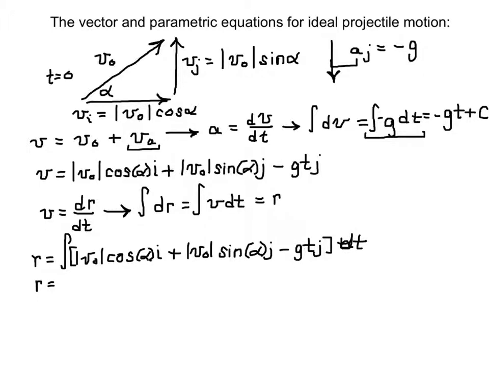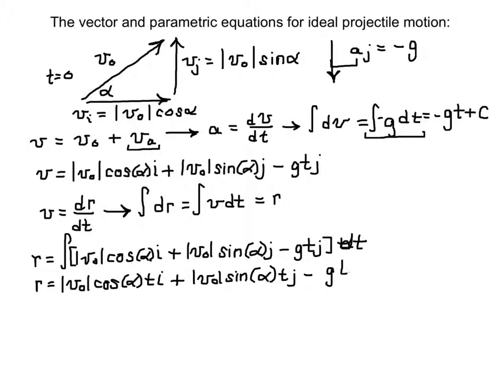And so what we want to do here is we would say that the equation for our distance is the absolute value of the velocity times the cosine of our angle alpha times t, that's coming out of the integration in the I direction, plus the absolute value of the initial velocity times the sine of alpha times t, and that's in the j direction, minus, now g is a constant, but the antiderivative of t is t squared over 2, so we'll put t here, 2 here, and this is a 1/2, and that's in the j direction.